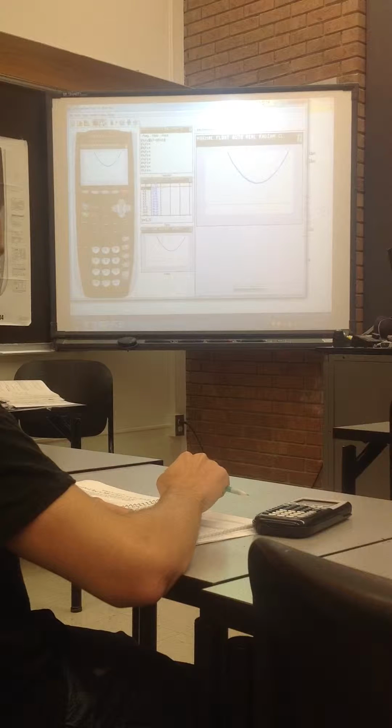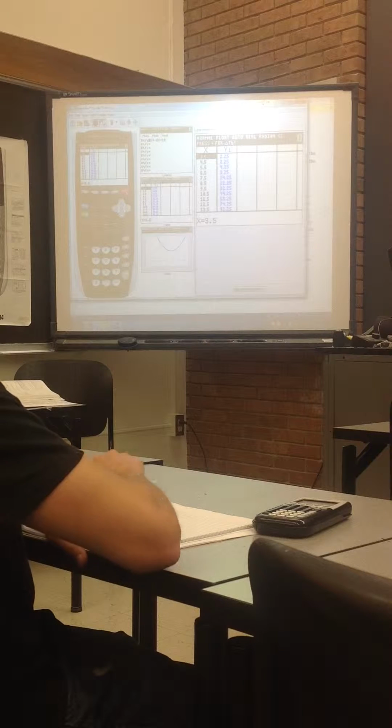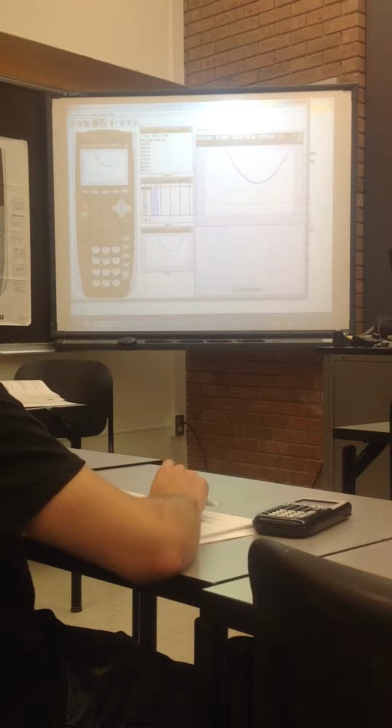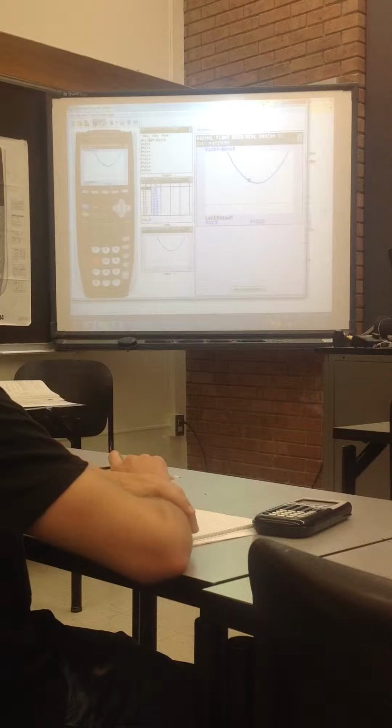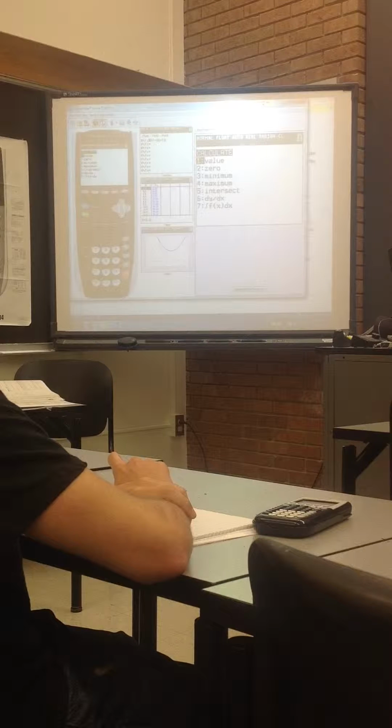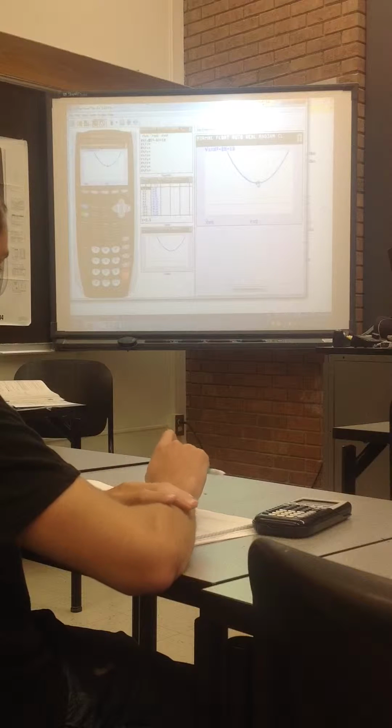Okay, so there's our graph, and we are sort of dancing around the point 4. So there is where 4 seconds is located, right here.